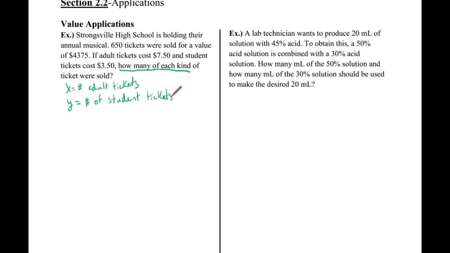It's very important for you to define the variables. This is going to help you keep track of things as we're solving. Plus, what's the point of solving something if you don't know what you've found?